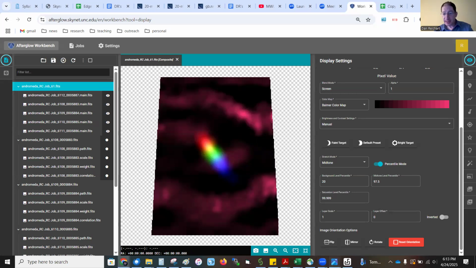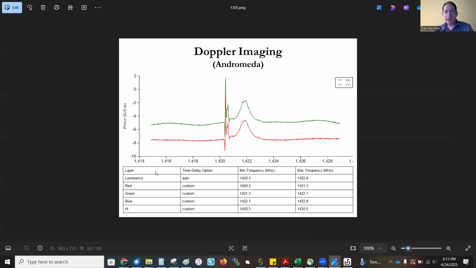And I have an image here for that. Here's how we defined all of the bands: the luminance layer, which encompasses all of the emission from Andromeda, and red, green, and blue, which correspond to the red third, the green middle, the blue third. And by red, green, blue, I mean the red shifted, the green the central, and the blue the blue shifted component of that luminance band. And then H1, that's our narrow band. That's the Milky Way hydrogen.